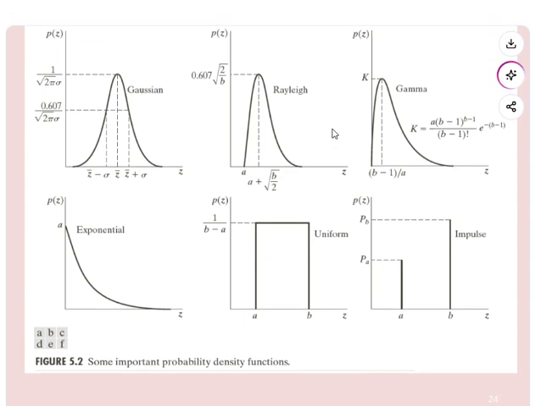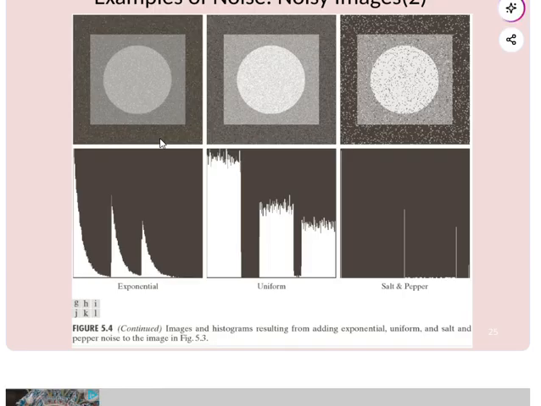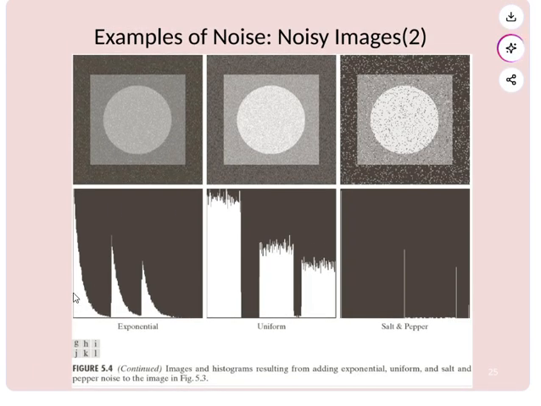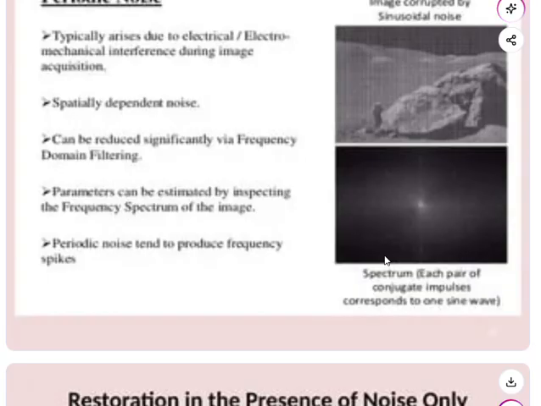So these are the important probability density functions that we have discussed. You have to draw the diagram and plot the function along with the equations. So this is the exponential noise, uniform noise, and salt and pepper noise.